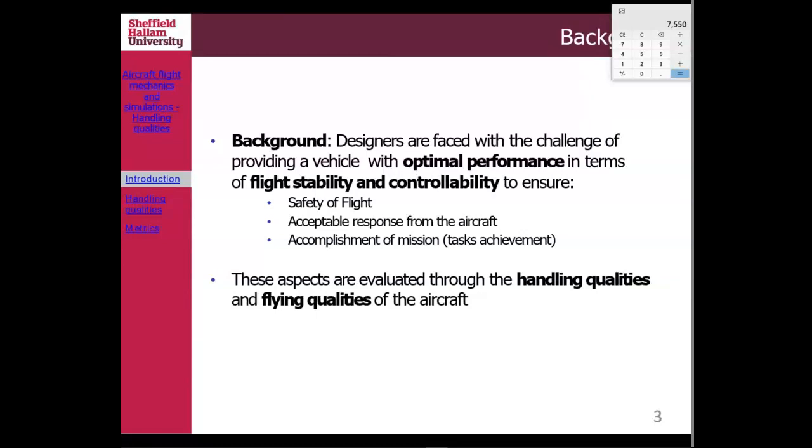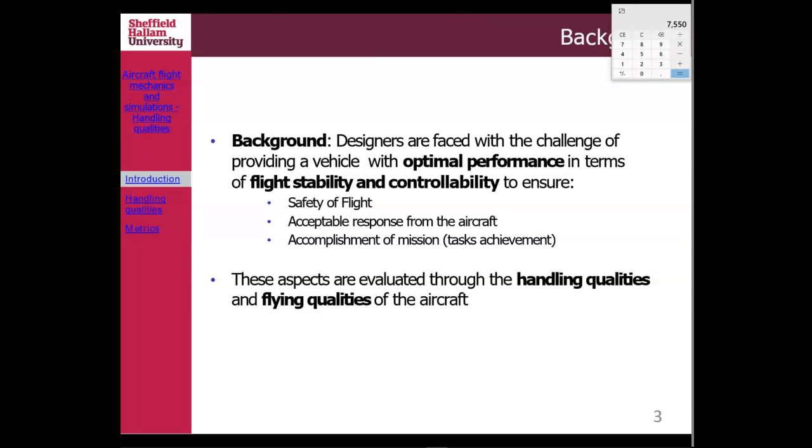When we talk here further on about stability, it means both static and dynamic stability. And of course, in order to make your aircraft have an optimal performance, you need controllability, which by default means that you need to provide a flight control system, right? This is to ensure that you have safety of flight.